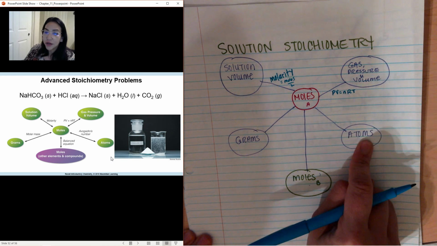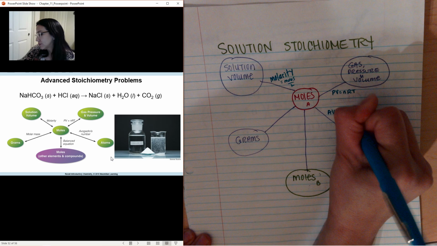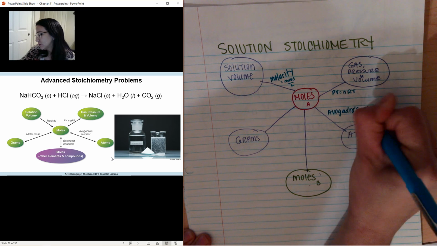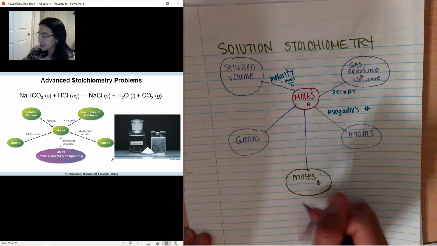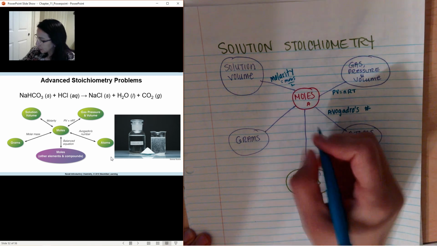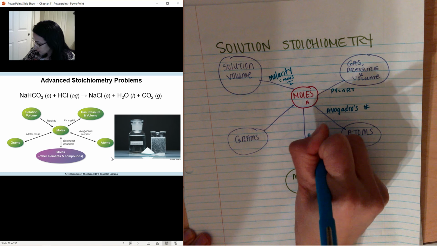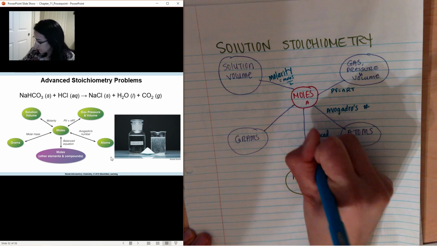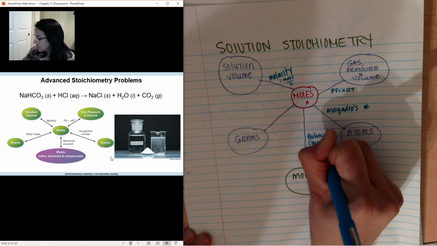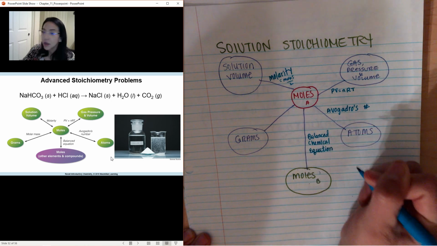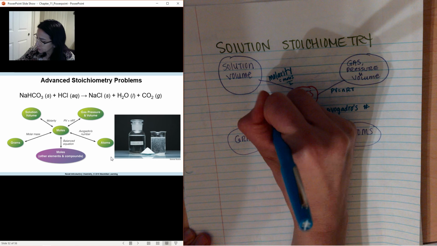We could figure out the number of atoms using Avogadro's number. We could figure out the number of moles of a different substance using the balanced chemical equation, so the coefficients. And we could figure out how many grams we have using the molar mass.